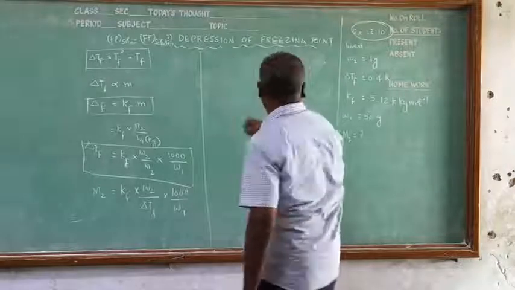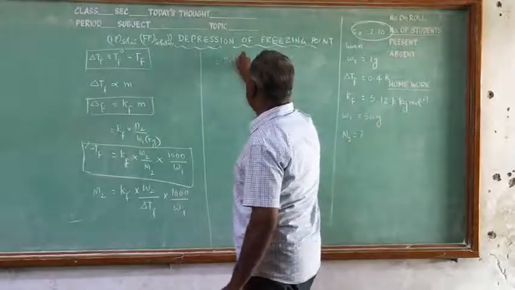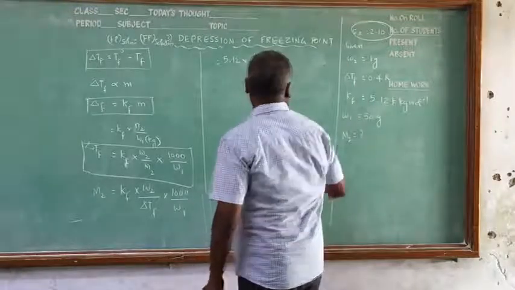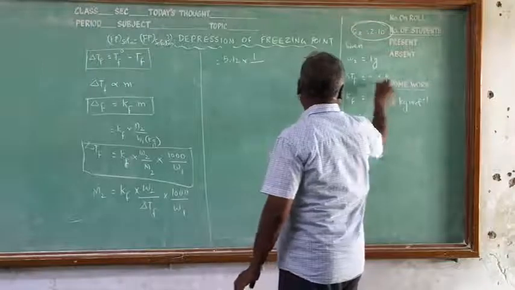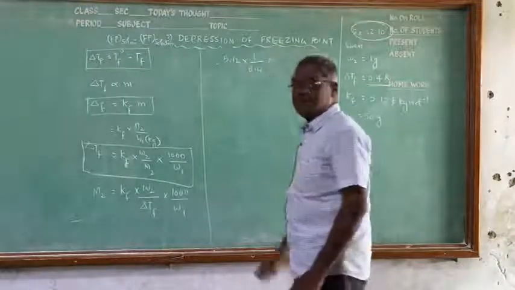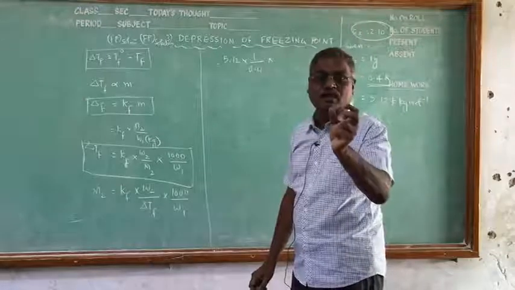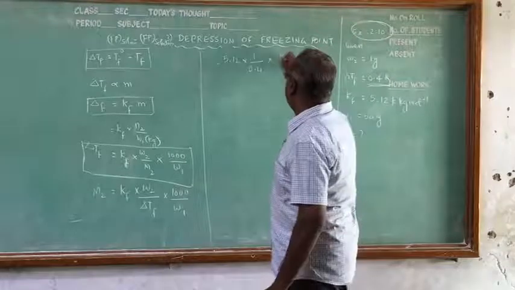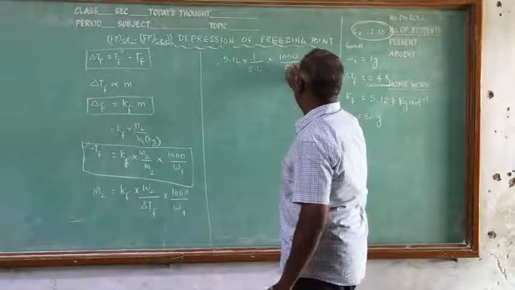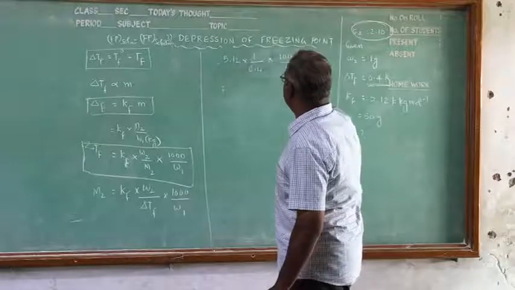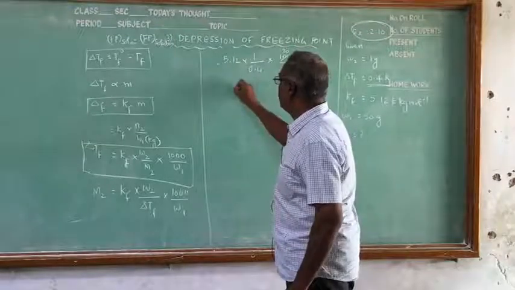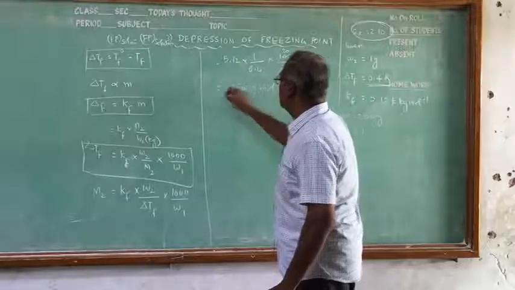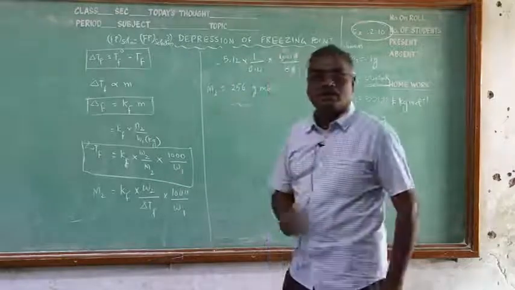Kf value is given as 5.12, W2 is 1 gram, and delta TF is also given. Delta TF is always a small value, because the difference will be only 0.2, 0.3, and W1 is 50. Simplifying it, you will get 256 gram per mole. This is the molecular mass of the solute.